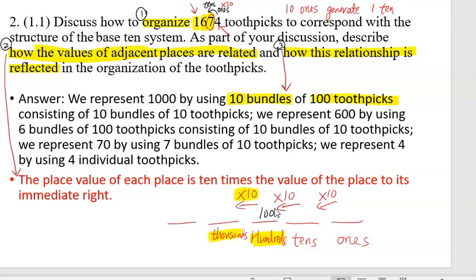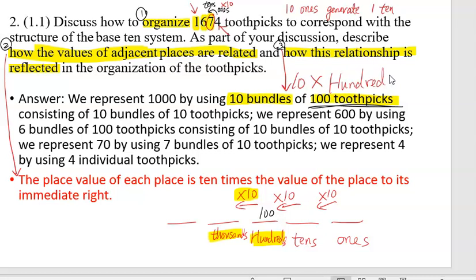That's why I'm not saying one bundle of 1,000. I'm saying 10 bundles of 100 toothpicks. So this right here is the hundreds place, and 10 bundles of it, 10 times 100, gives us the 1,000.